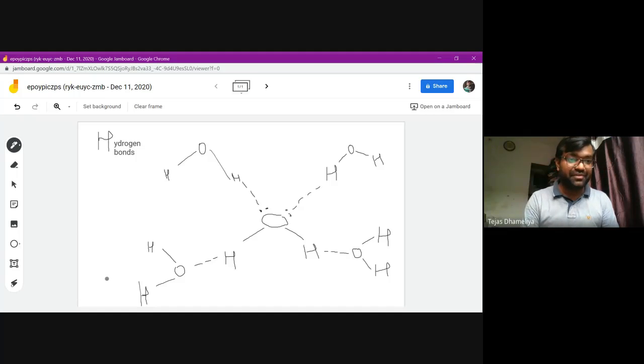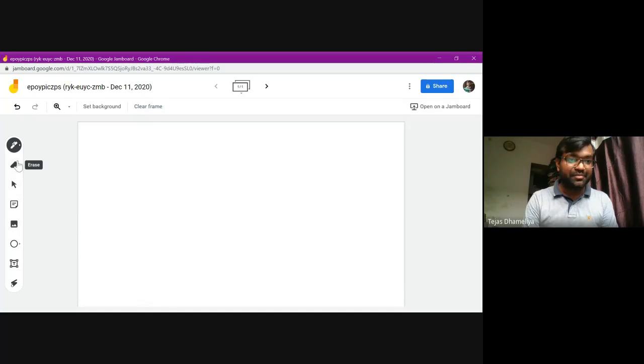Because if I draw the structure of ammonia, ammonia is also having nitrogen here, that is connected with 3 hydrogens. Likewise, this hydrogen will make 1 hydrogen bond. This will also make 1 hydrogen bond. This is the third. And here there is the presence of 1 lone pair on the nitrogen.